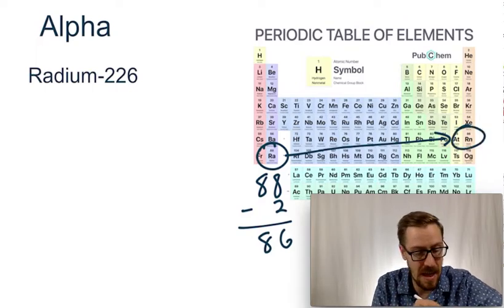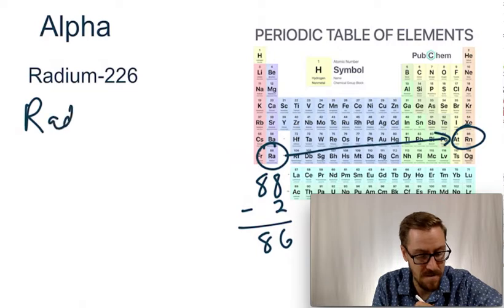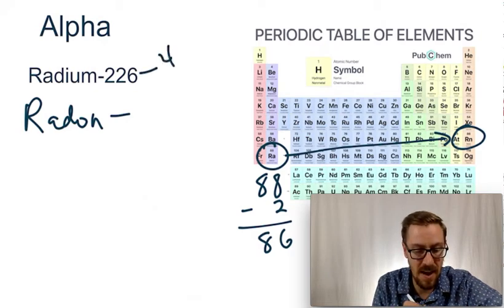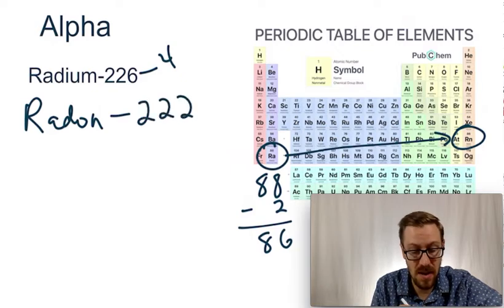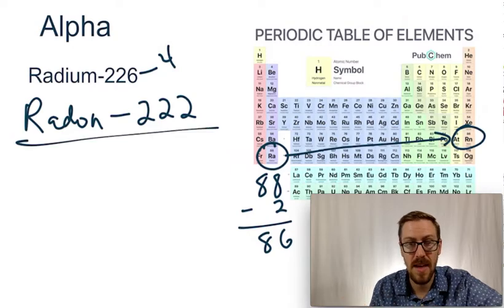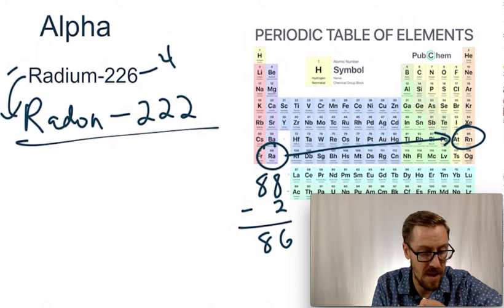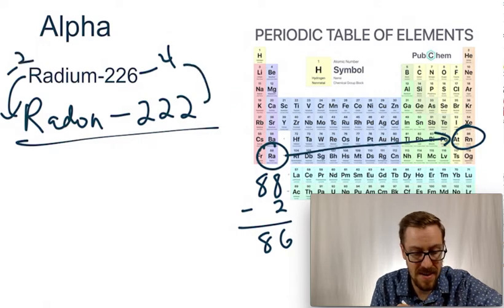So our element name would be radon. And unlike beta decay where our mass doesn't change, this mass goes down 4. So we're left with 222 for our mass. Radon 222 is our answer. Atomic number down 2, mass down 4.